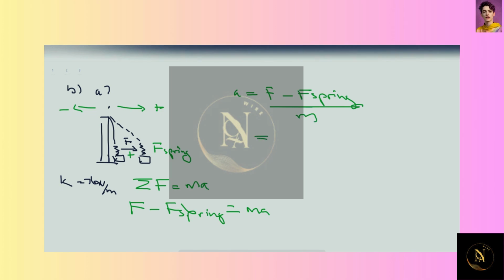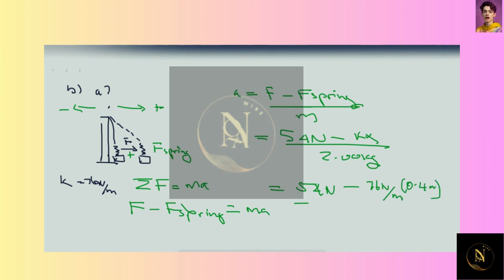The force that's pushing happens to be 54 newtons. The force of the spring is kx, over the mass, which is 2.00 kilograms. We plug in the numbers: 54 newtons minus k, which is 76 newtons per meter, times the displacement of 0.4 meters, over 2 kilograms, and that's going to give us a positive acceleration, which happens to be approximately 11.8 meters per second squared.